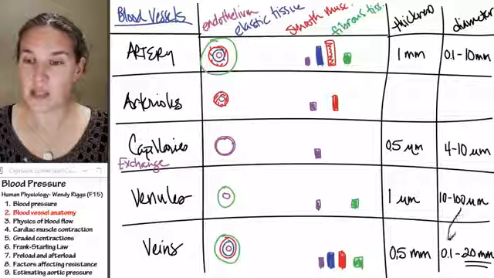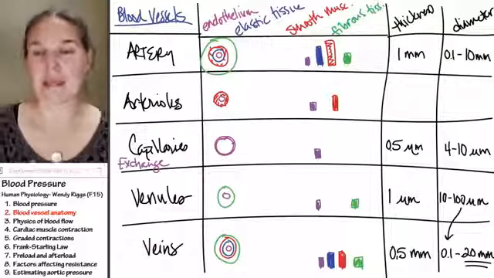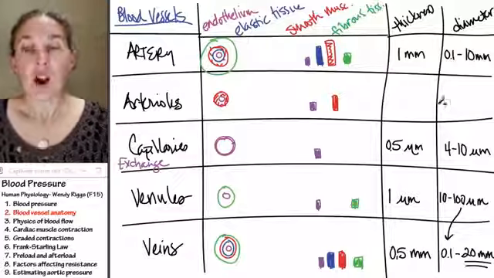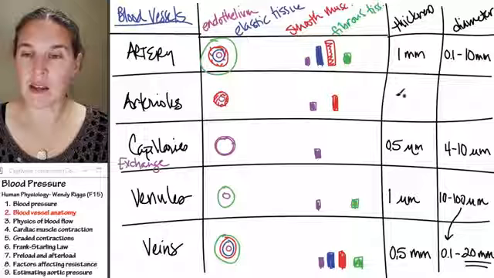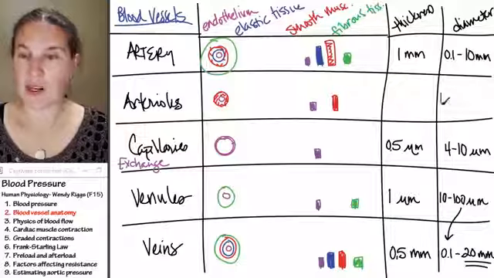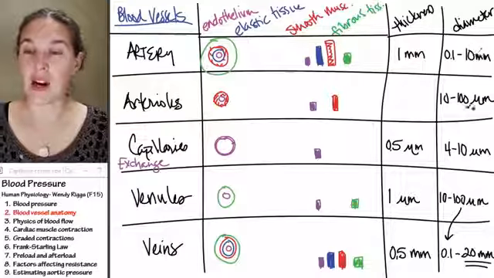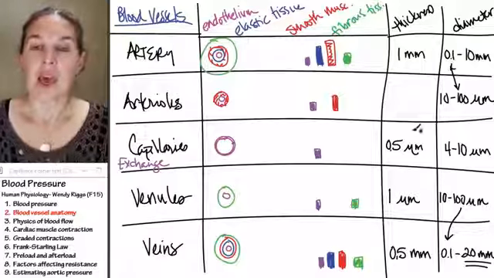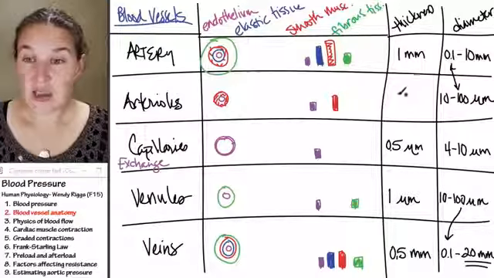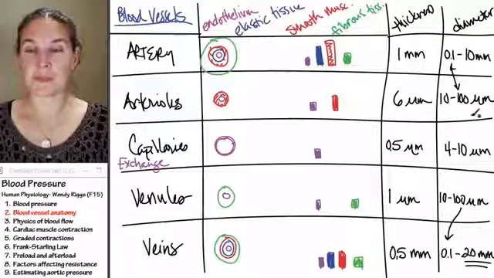Guess what 100 micrometers is? 0.1 millimeters. Same thing. Arterioles, on the other hand, go from 10 to 100 micrometers in diameter. And again, our relationship here is the same. Look at that. The thickness of an arteriole can be up to 6 micrometers.